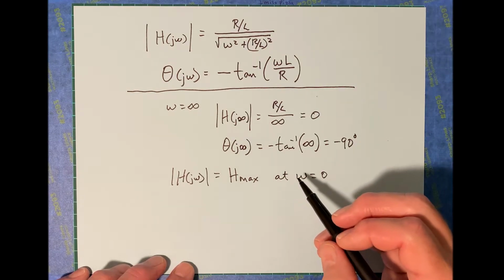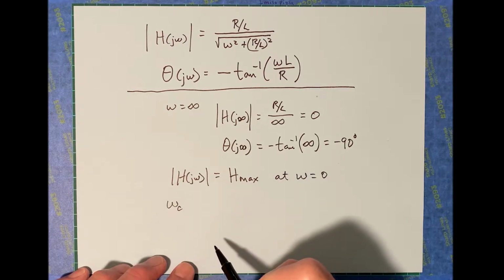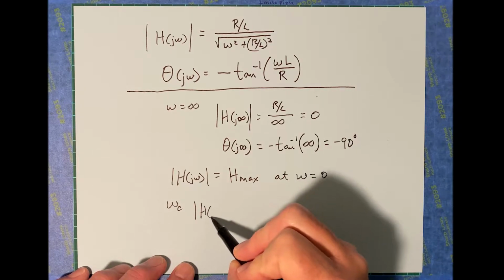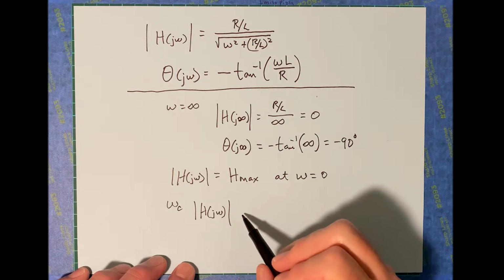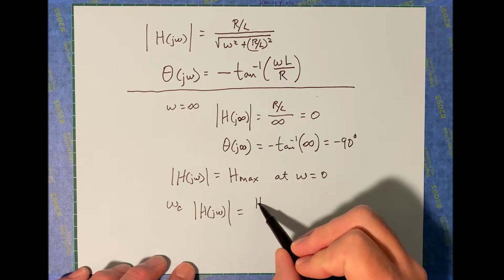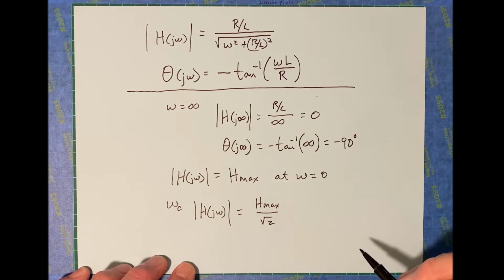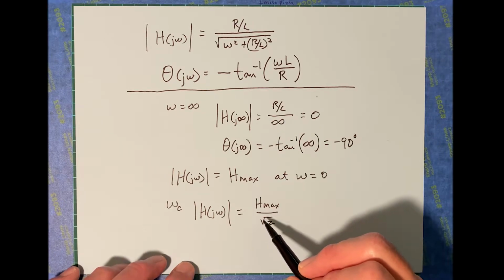And that cutoff frequency, omega sub C, occurs when the magnitude of the transfer function is equal to H max divided by square root of 2. Okay, and that is the point where it occurs.